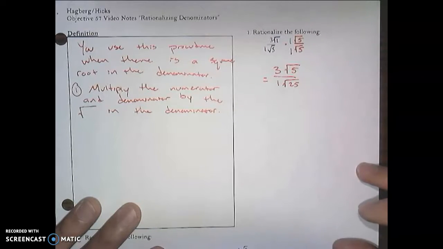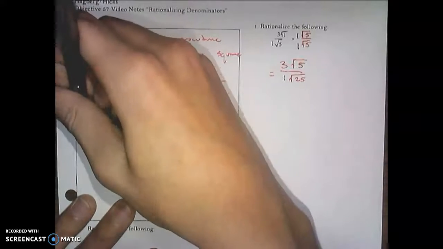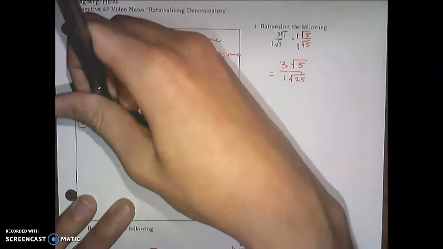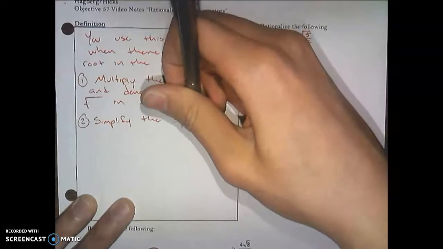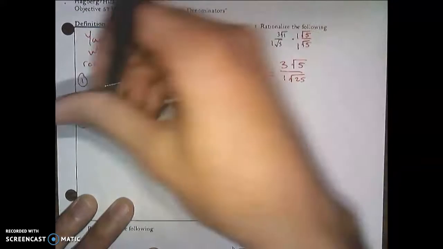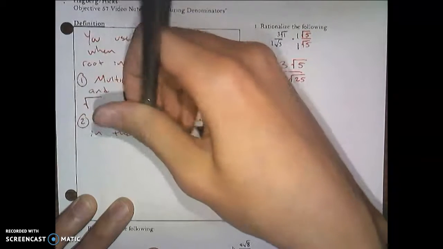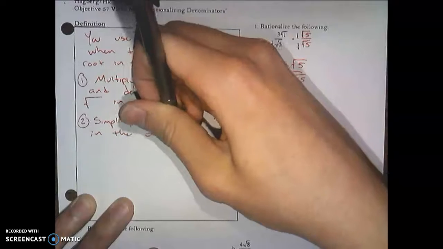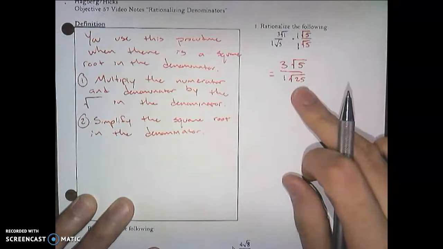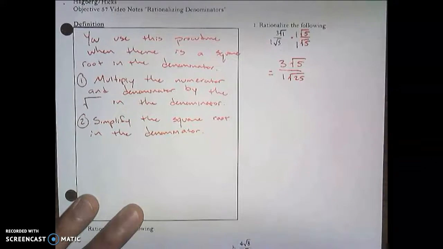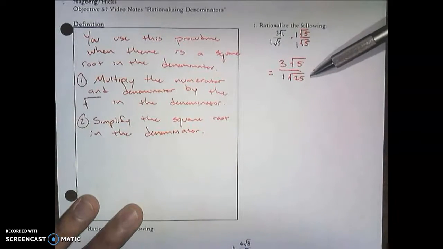Okay. Step 2 is to simplify the square root in the denominator. So here, let's simplify this square root here. We have 1 times the square root of 25. Well, you might already recognize that the square root of 25, that's a perfect square.